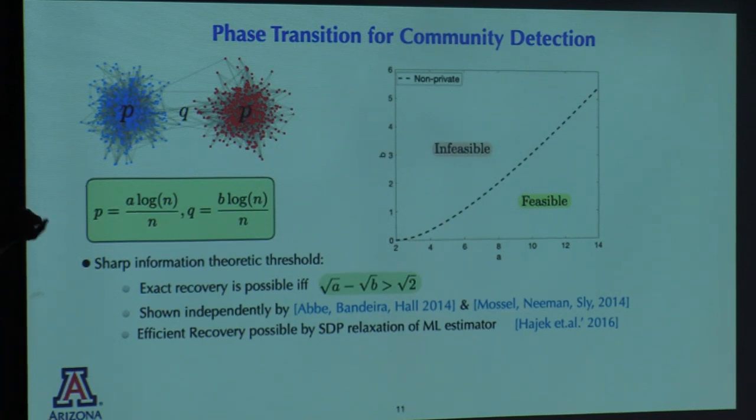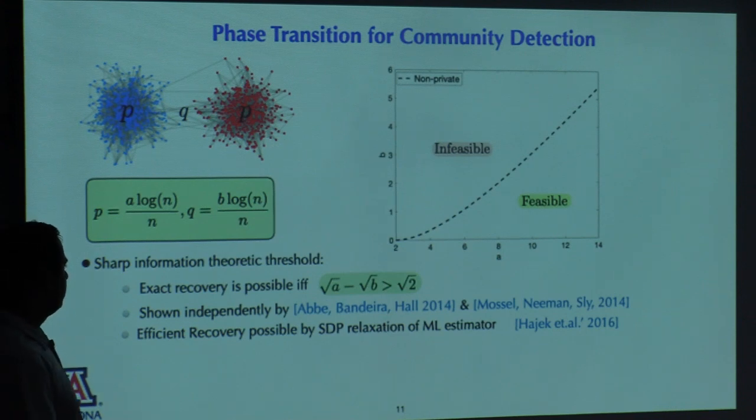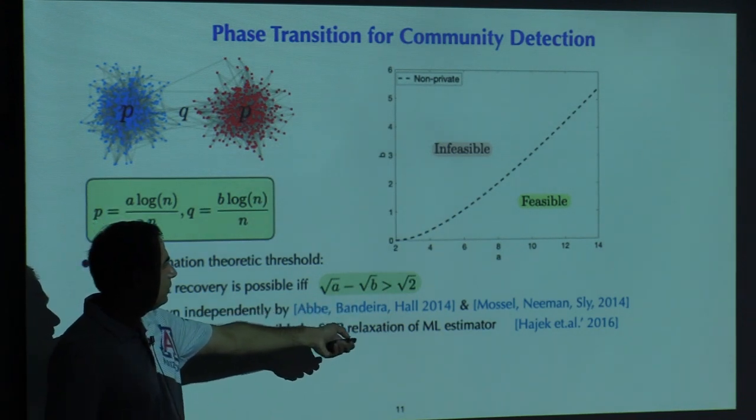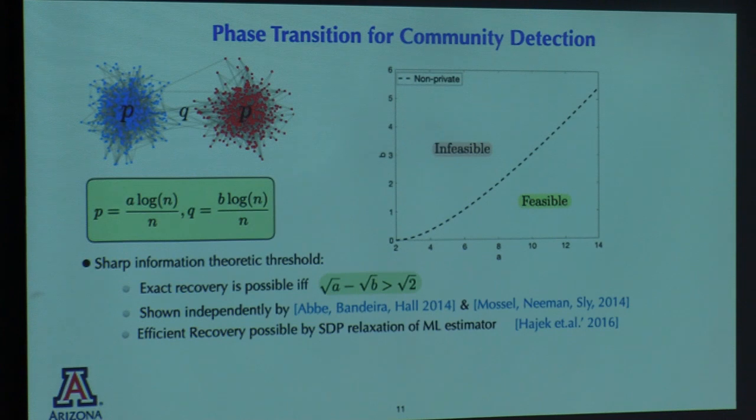And so this is what was done by Abbe and group in 2014. And they showed that you can analyze the maximum likelihood estimator and show that exact recovery is possible if and only if square root A minus square root B is greater than square root 2.